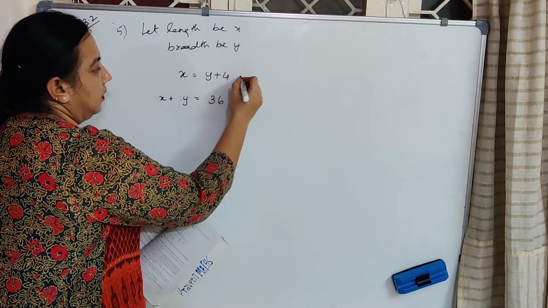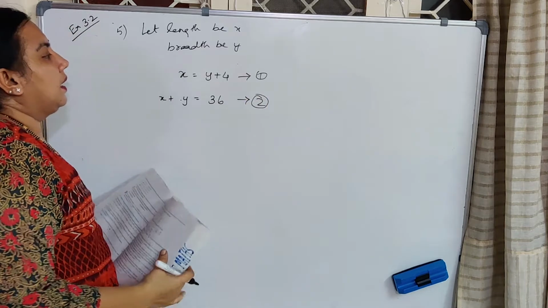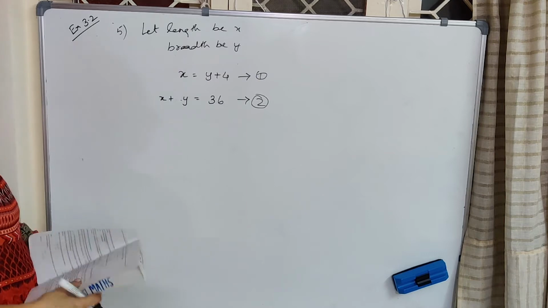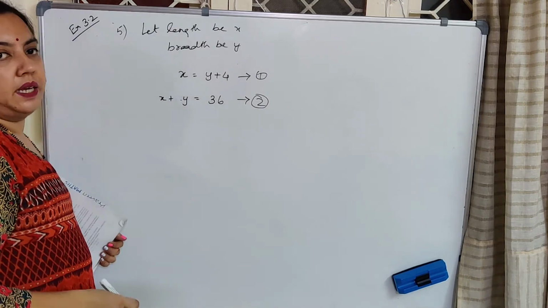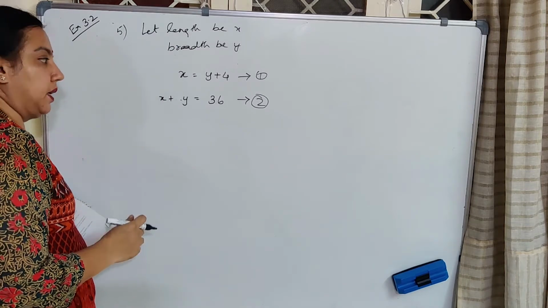So we are getting two equations now. Now we have to find the dimension of the garden. They have not specified whether graphically or algebraically, so we'll do it algebraically.